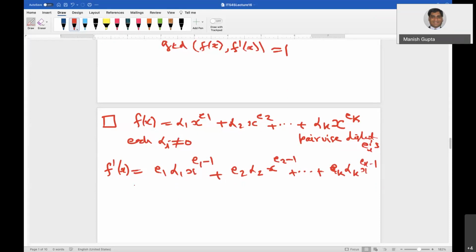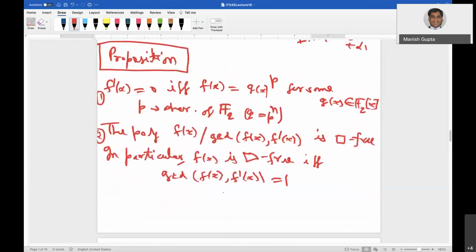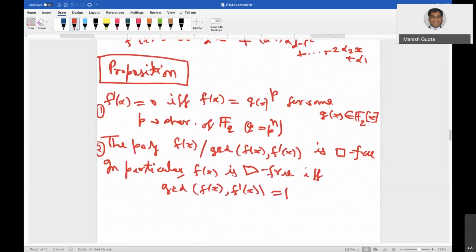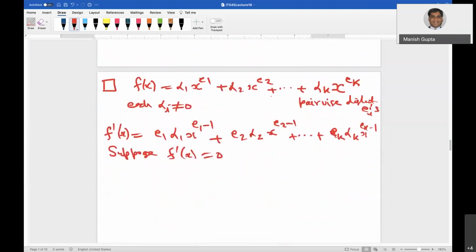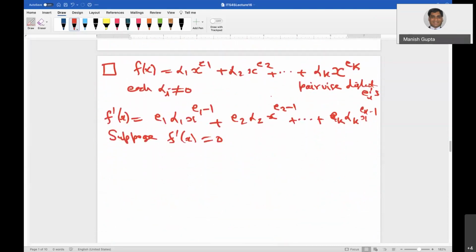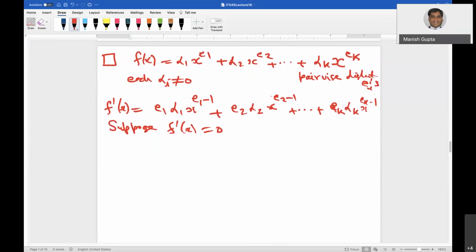Now, suppose derivative is 0. Suppose f dash of x is equal to 0. What I need to show is that f(x) is some p-th power of g(x), where p is of course the characteristic of the field. Now, suppose this is 0, so that means this whole quantity is 0.